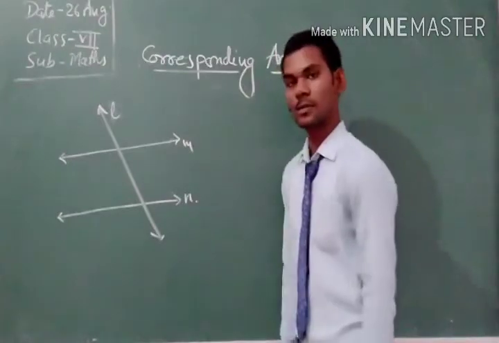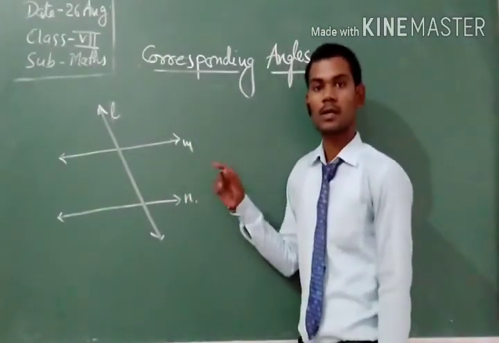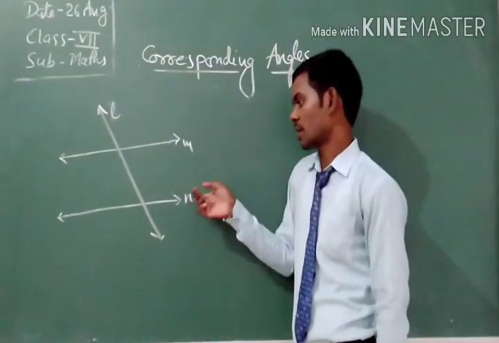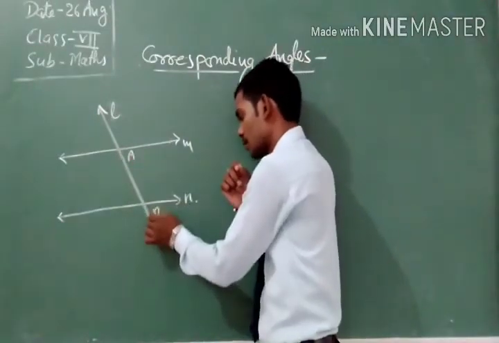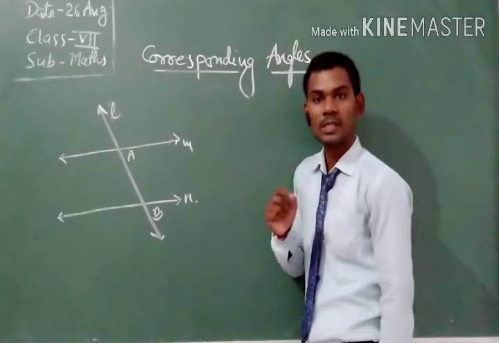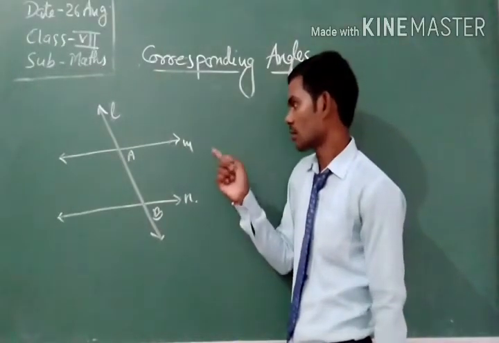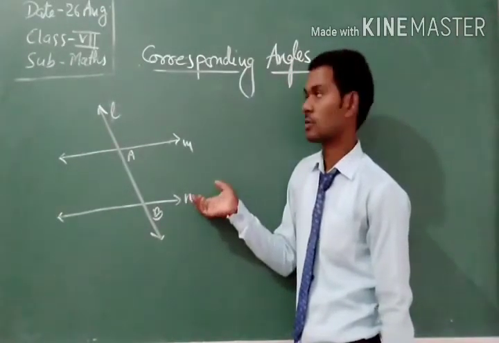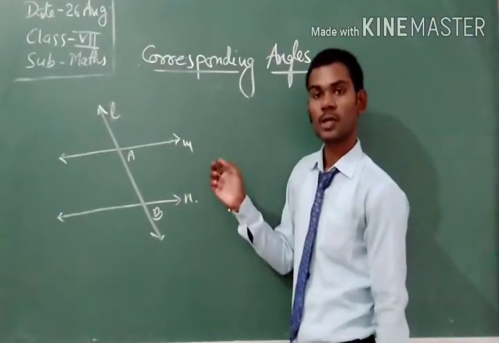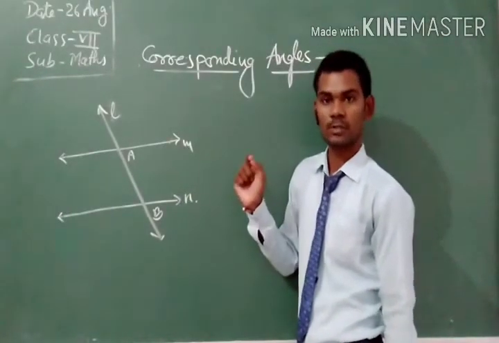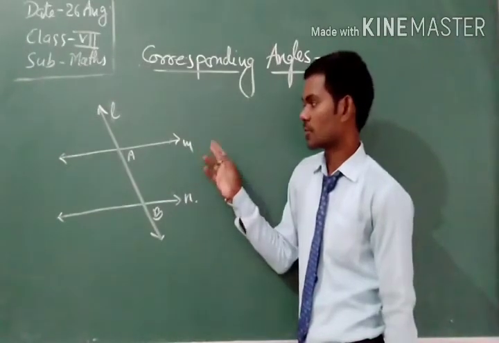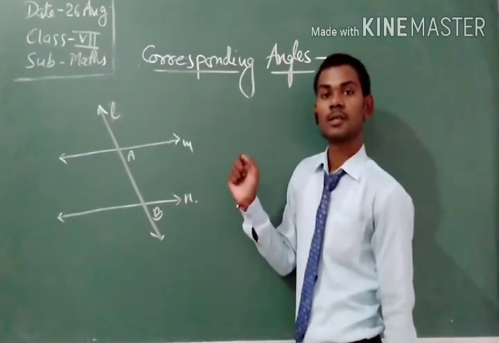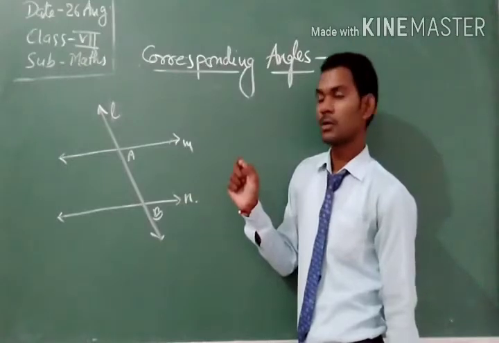In this figure we can see that two lines M and N are given, and a line L which intersects the lines M and N at two different points A and B, so we say that the line L is the transversal of the lines M and N. So when we define corresponding angle, we use the word transversal many times. The definition of transversal is an essential part of the definition of corresponding angle as well as alternate angle. Okay, so let us start.